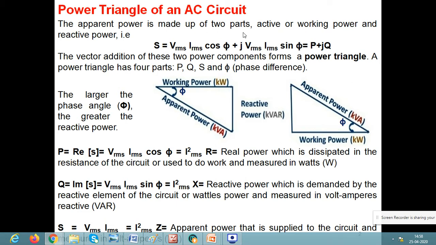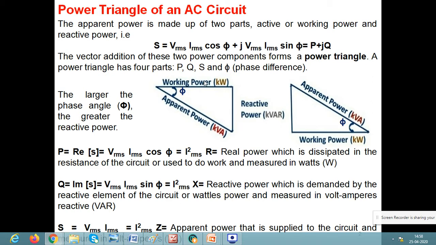One is the real power, which we also call the working power, represented by P. And another is the reactive power, which we denote by Q. The vector addition of P and Q gives us the power triangle.